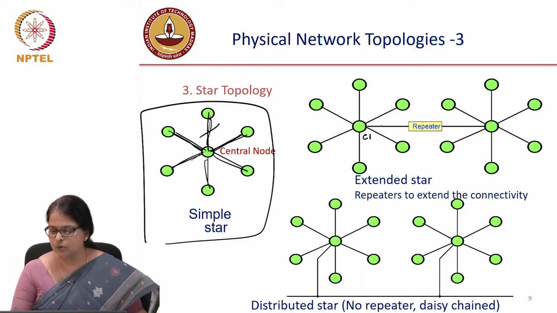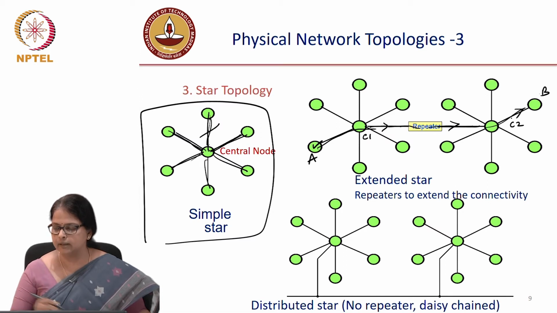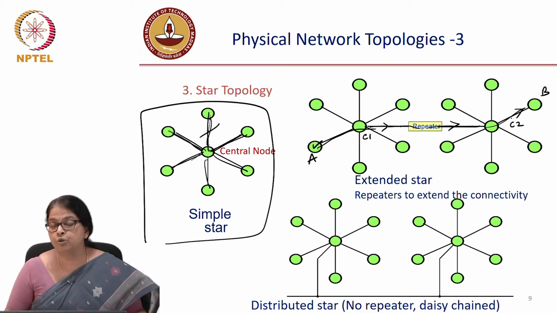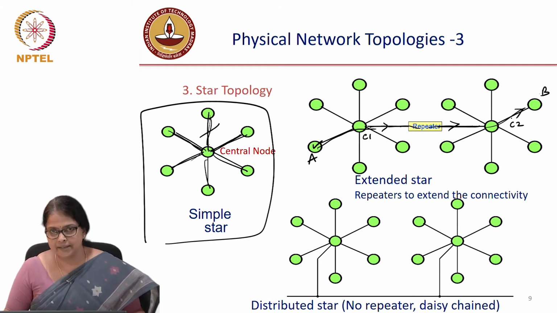This is central node 1 and central node 2, connected to each other with a repeater. So let's say from this node A you want to communicate with node B. The signal can go through this central node and find its way through the repeater to the destination B through the second central node. So this is an extended star topology.